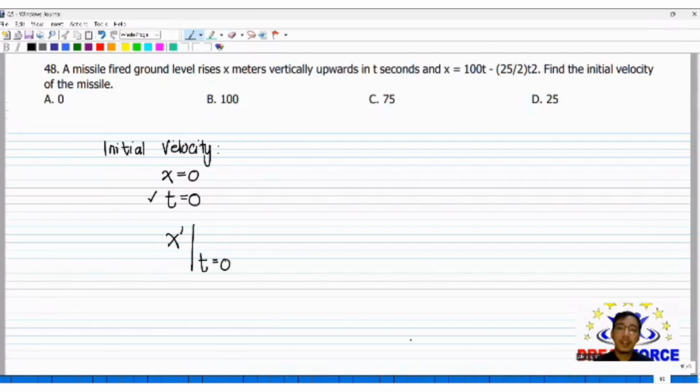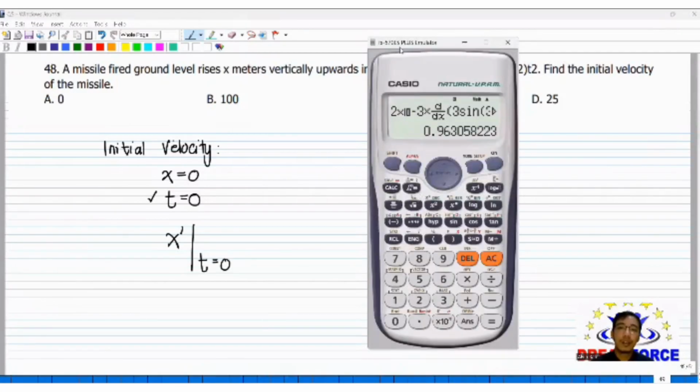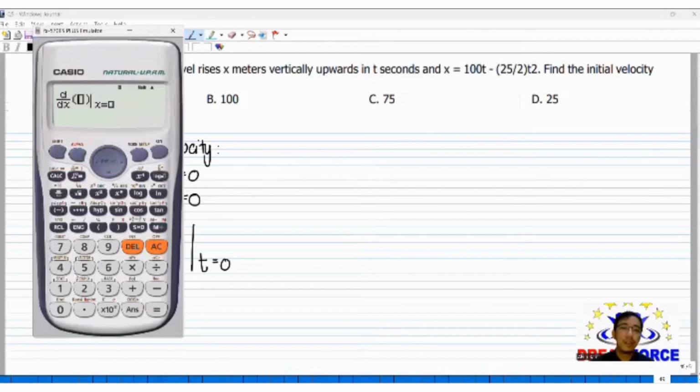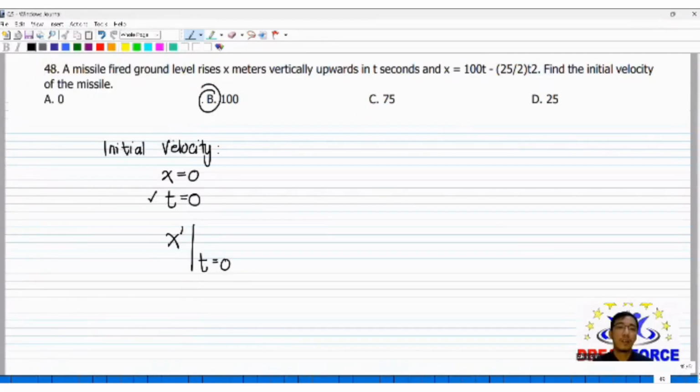I-derive lang natin yan using your calculator. So, derivative ng 100t minus 25 over 2 times t squared, then t is 0. And that is equal to 100. That is the initial velocity.